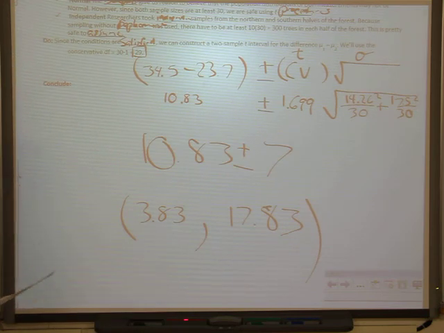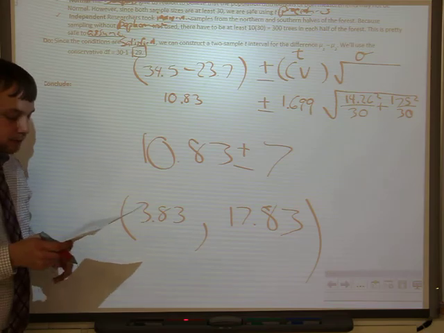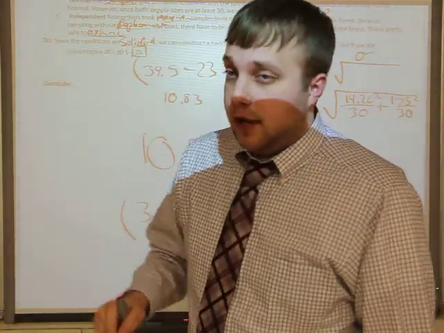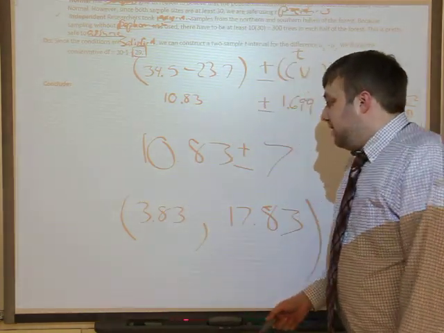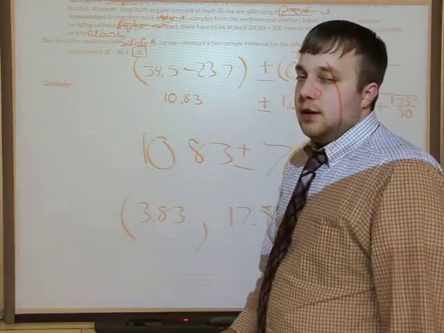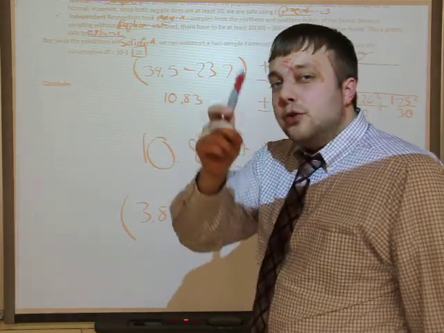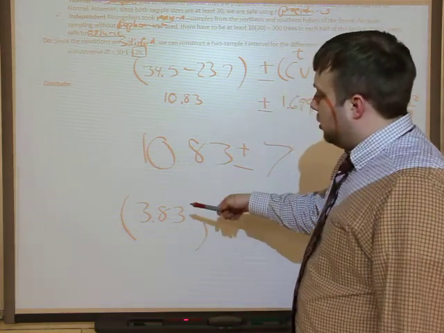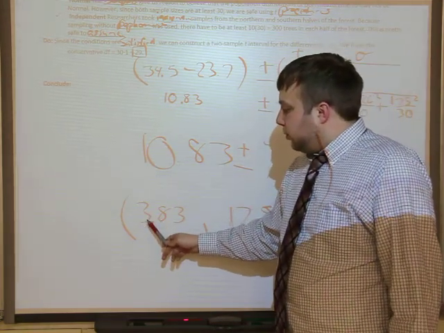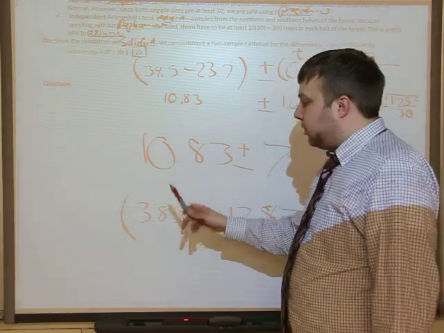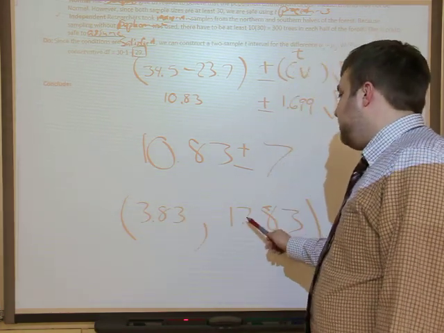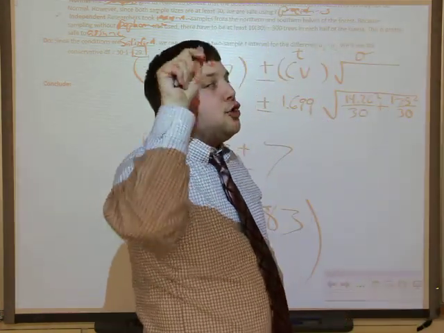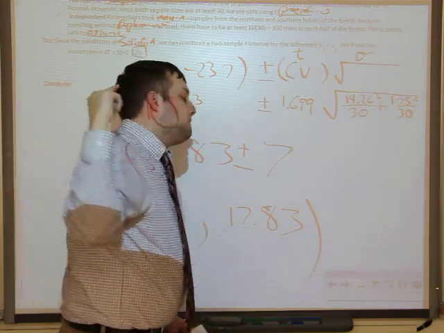In conclusion, I am 90% sure, because remember that's my confidence level, that southern trees have a DBH that is 3.83 centimeters to 17.83 centimeters different than northern trees. Booyah!